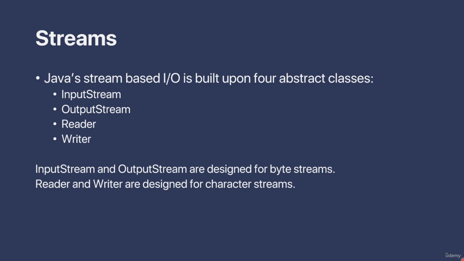So, Reader and Writer are designed for characters and strings. When you need to write or read characters or strings, you should use Reader and Writer. When dealing with binary objects or bytes, like when you have created an object and you need to save it, you need to use InputStream and OutputStream. And this is what we are going to see in the next videos in the encoding.